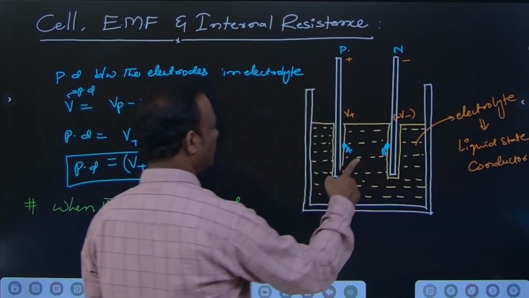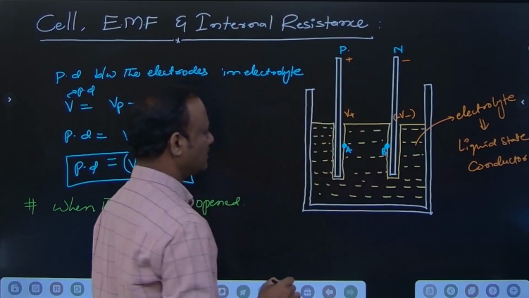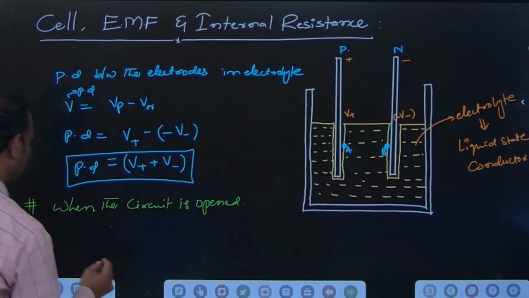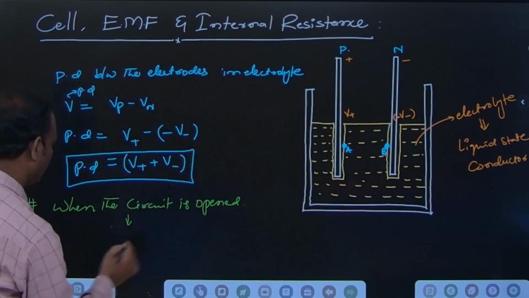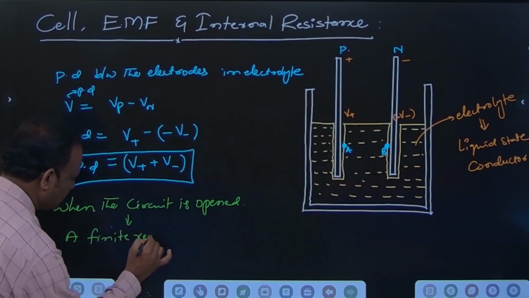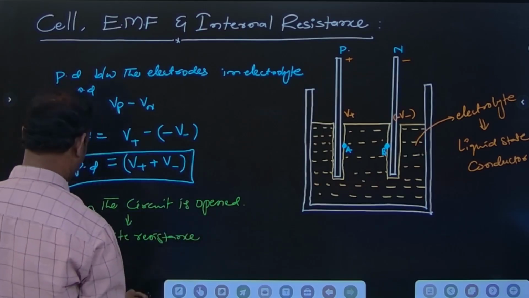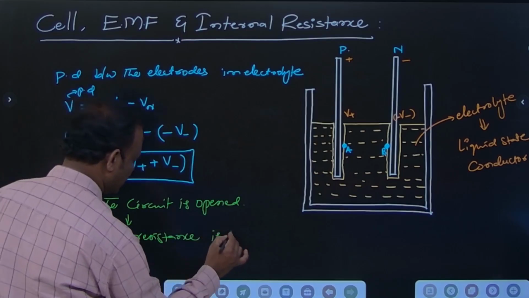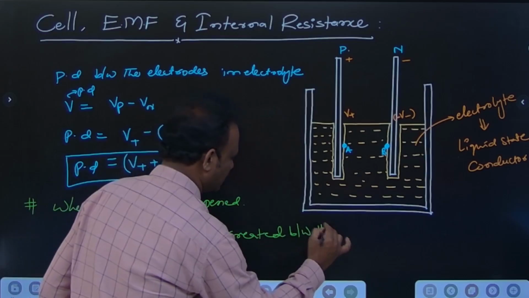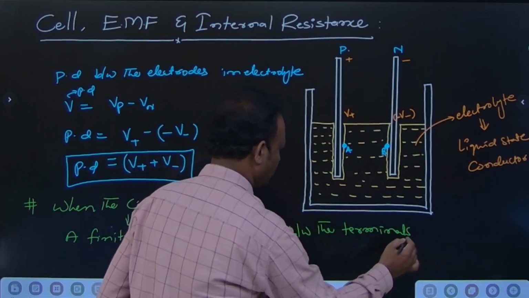Internally there is some resistance. When the circuit is opened, a finite resistance is created between the terminals of the electrolyte.